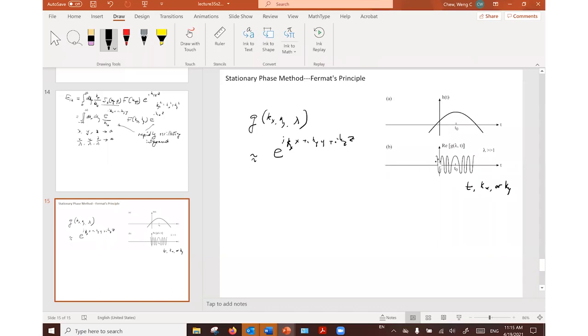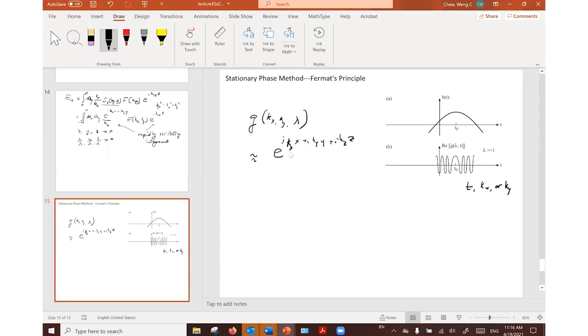If we change t by a little bit, the phase would change, which means that most of the contribution to this integral would come from the part where the phase is the least rapidly varying. So over this part, t naught is where the phase is least rapidly varying.